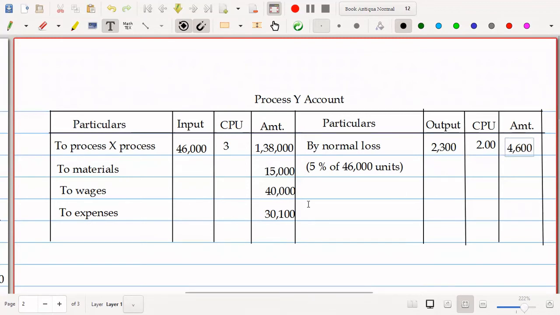Now, what was the actual output transferred to the next process? By actual output transferred to finished stock.